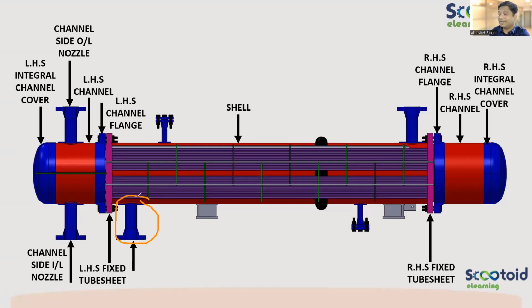Shell side inlet nozzle. Absolutely right. Even if you know it, others are typing, I can see, but you also type. Okay, you also participate. Participation makes it really useful for me and for you also. I can see people are able to understand, and you will be able to retain whatever you are writing. So you'll be fully here.